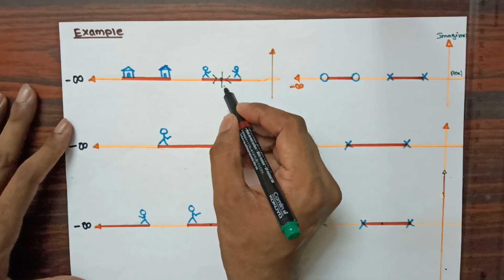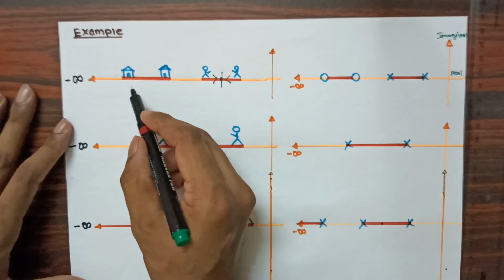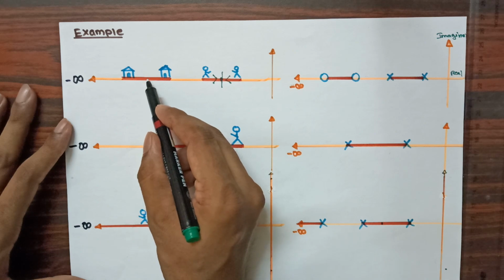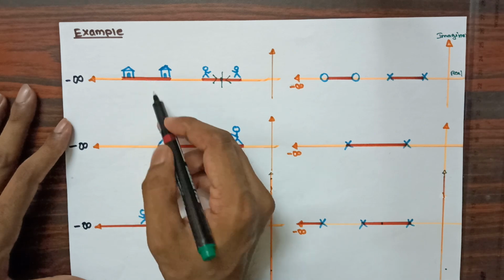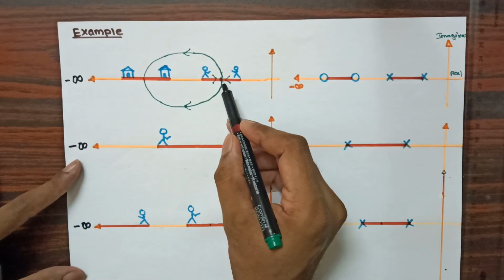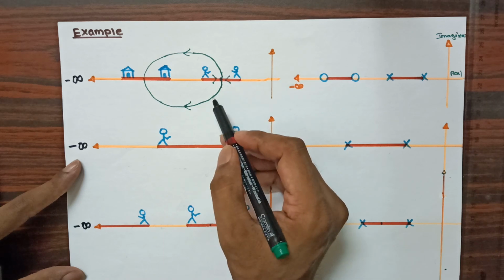Now their intention is to reach this destination, but remember they can't reach directly to the destination. They should come to the path, and then from there they need to move to their destination. In this, after meeting at a common point, these 2 persons will come out, that is one will come out above and another will come out below.